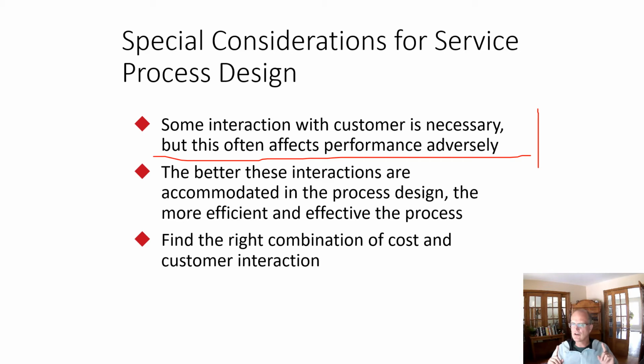So the degree to which we can manage the customer's participation in that service process affects the efficiency and, frankly, the effectiveness, not just for that customer, but for other customers as well. So understanding what may happen and how that may happen and what customers may do allows us to design explicitly into the process steps to minimize the disruption.